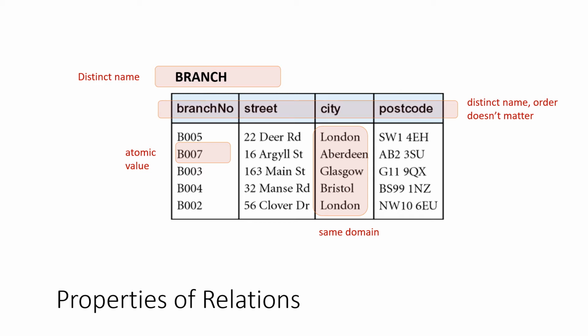Every value from the same attribute comes from the same domain. All the records are distinct. Order also doesn't matter.